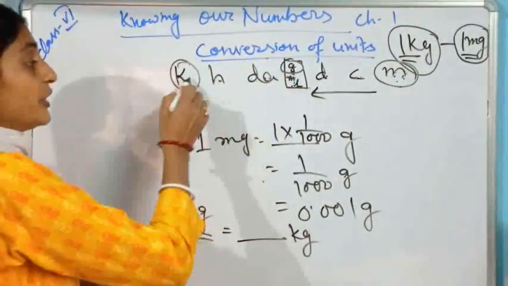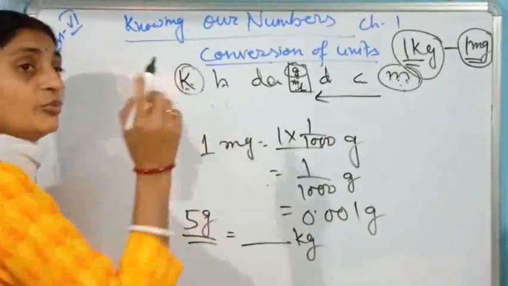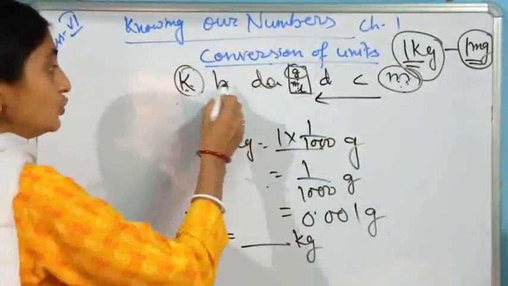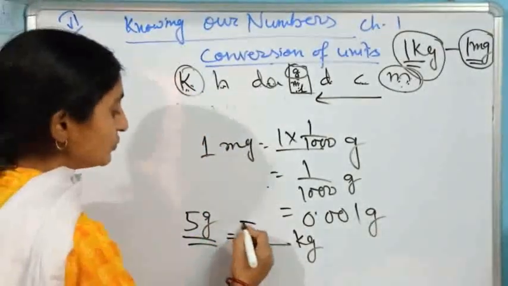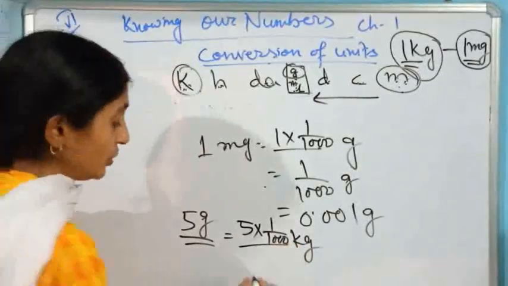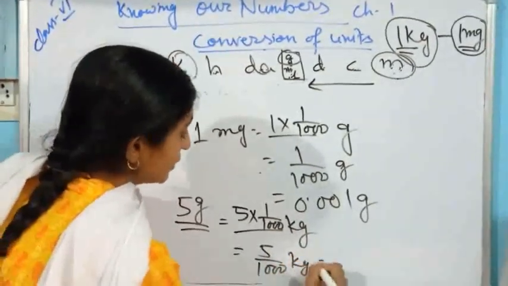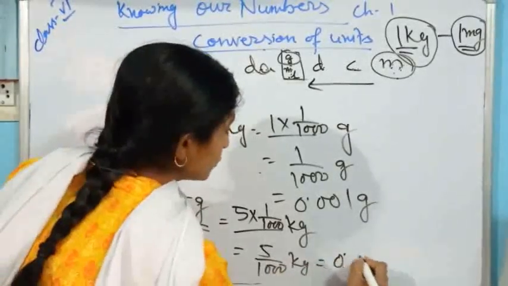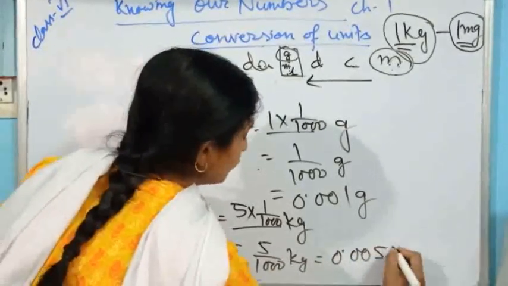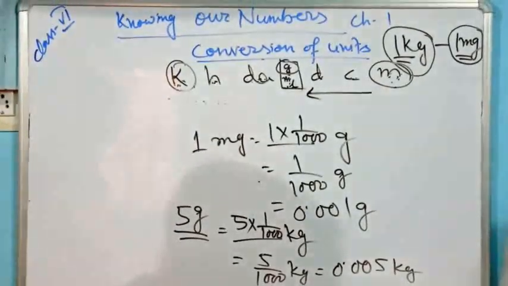From gram to kg, how many places are you moving? 1, 2, 3. So what will you write? 5 into 1 by 1000. So what will be your answer? 5 by 1000 kg. That stands for 0.005 kg. I hope you are clear about this concept.